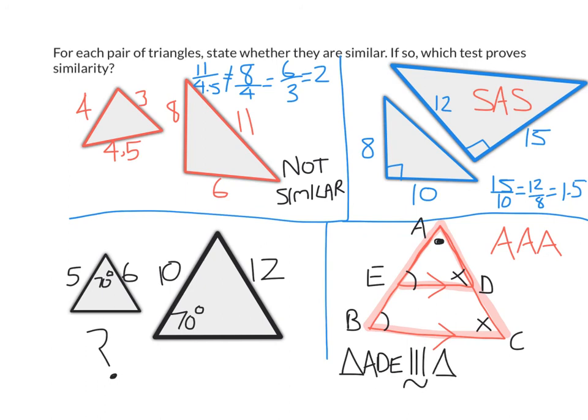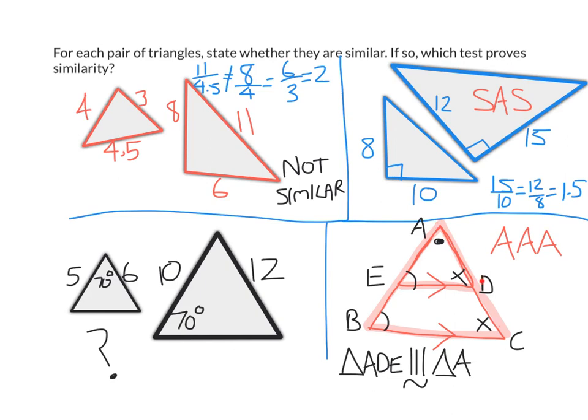Now when we're writing the second one, we have to be careful. If I wrote A first for the first triangle, I need to write first the vertex in the second triangle that corresponds to A. So in the large triangle, A corresponds to itself. The angle at A is equal in the smaller triangle and the larger triangle. So that's pretty simple.